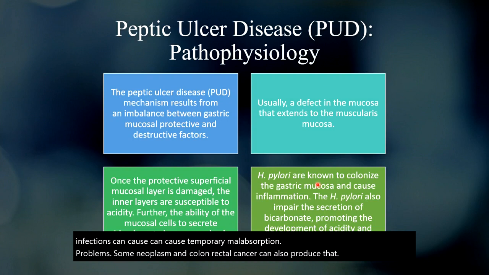When that initial epithelium is damaged, the mucosa is damaged, and the following layers are damaged, the acid will eliminate any protective barrier, and it will produce the progressive damage into the mucosa.